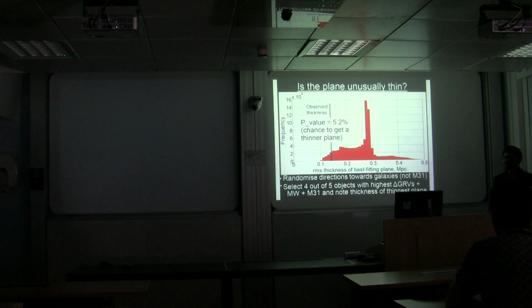We take the lowest one, and you plot out the histogram, right? So that looks like the histogram here. The observed value is the black line. So you can see it's actually not very likely you get a thinner plane than what we saw, even though we've only got 5 objects, and we're allowing for not choosing all of them. So that's one thing.